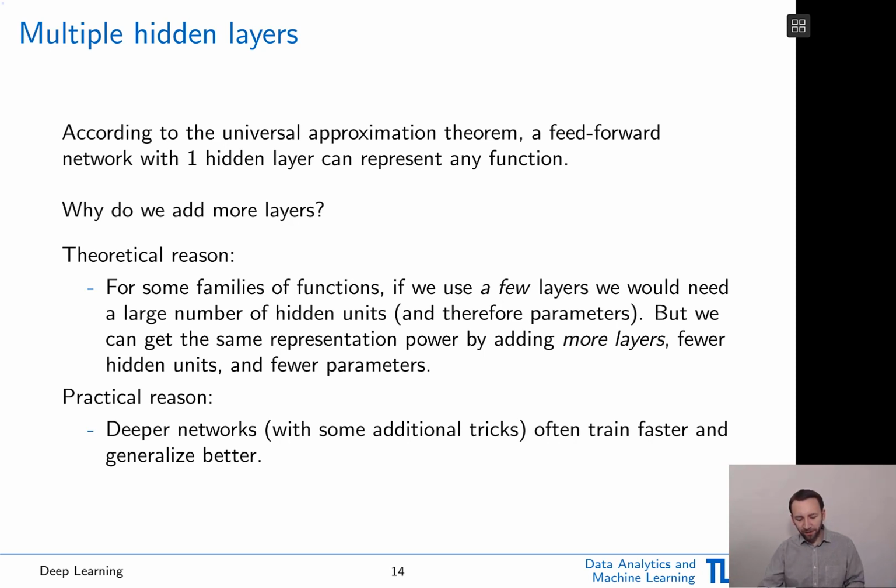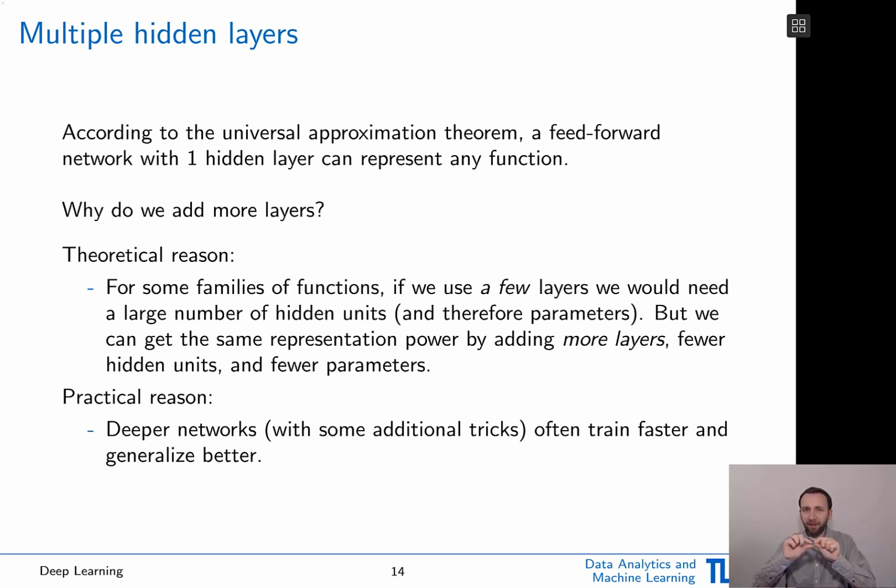But often we are going for deep networks, right, we have many layers which are not as wide. Okay. And indeed, you can show this also theoretically for some functions which we want to represent, right? Let's say for some classification functions, if we use only a few layers, we might need a very wide network, meaning many parameters as well, right?